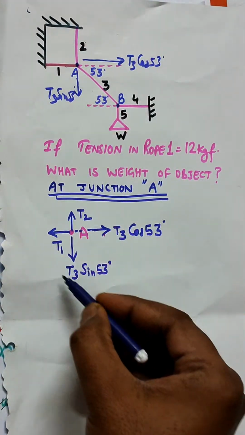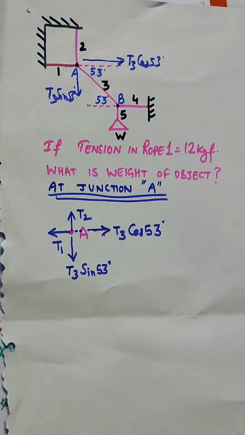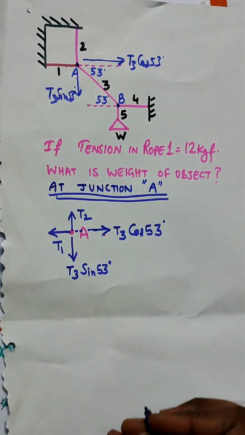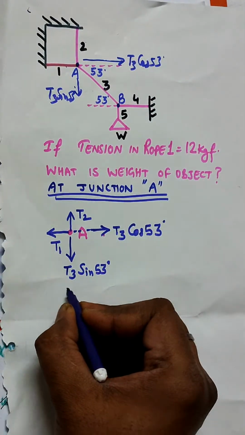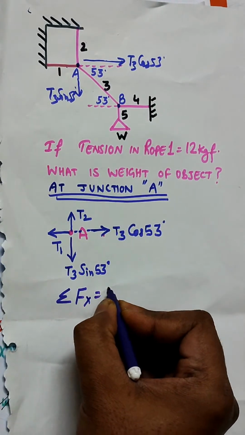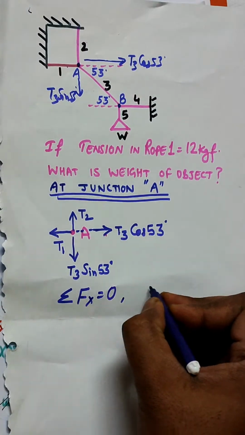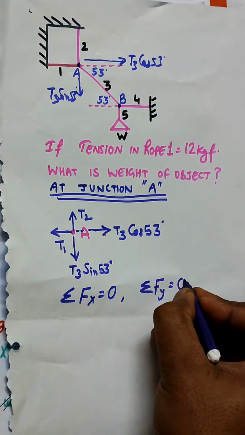So I think there are only four forces acting at junction A. Just check it. The components of forces acting in the x direction should be equal to 0, and the components of forces acting in the y direction should be equal to 0.